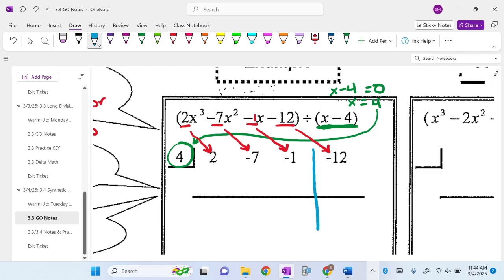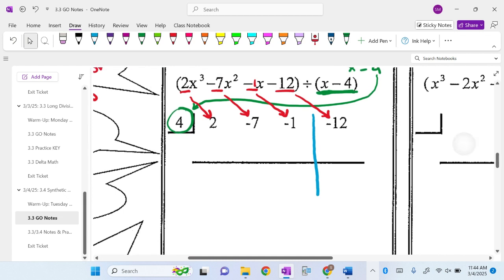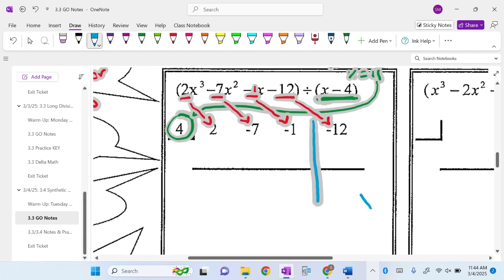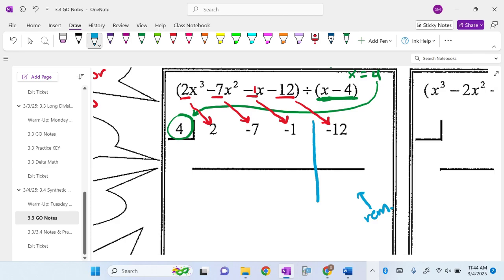And the reason I do that is because when we finish, your remainder will be right here. So I draw that line just to remind me that that remainder will be right there. So whatever number you get after your last number, that's where your remainder will be. So I always like to draw that line.